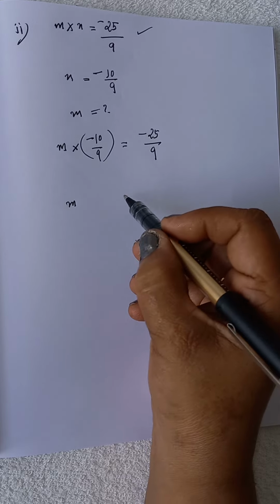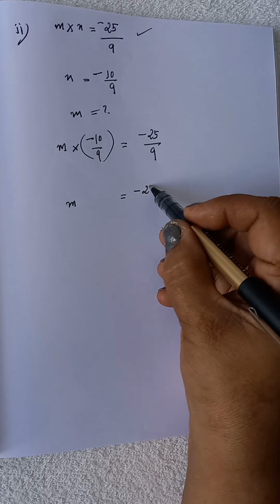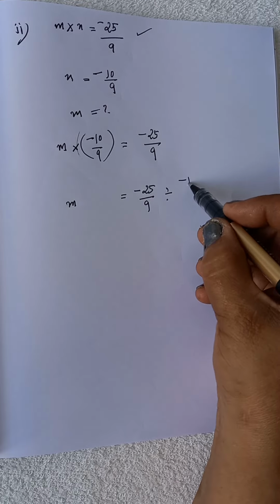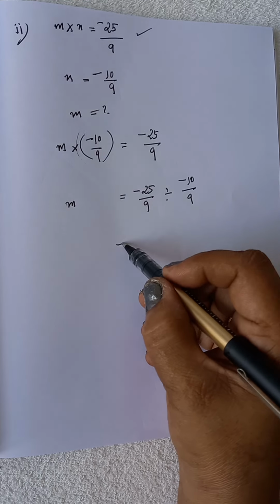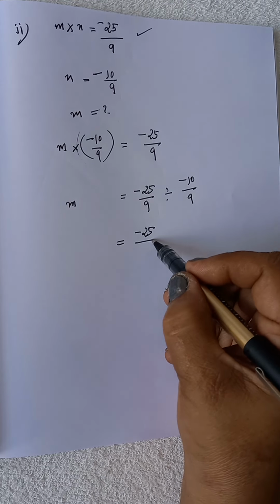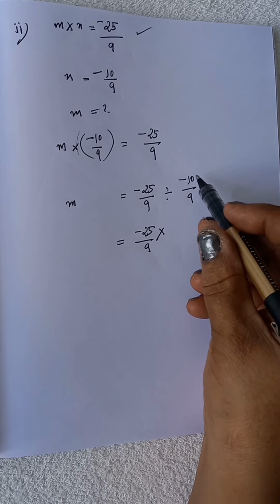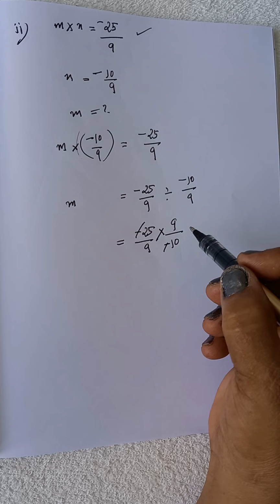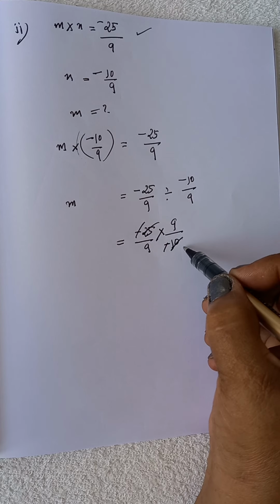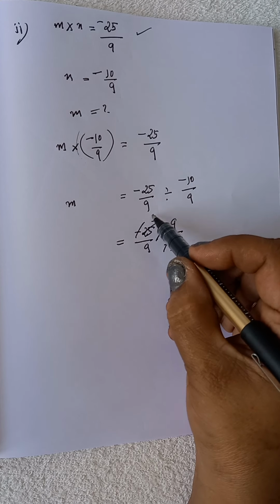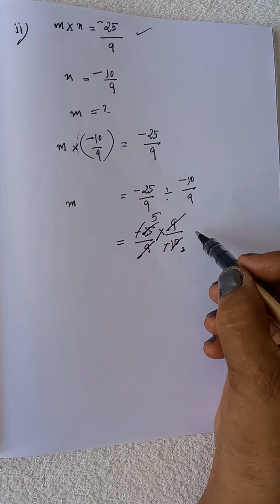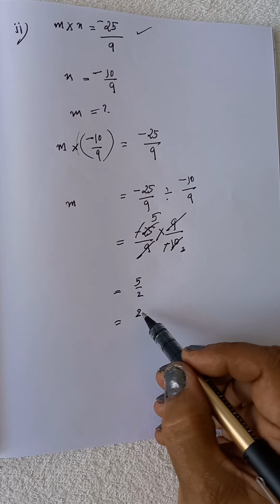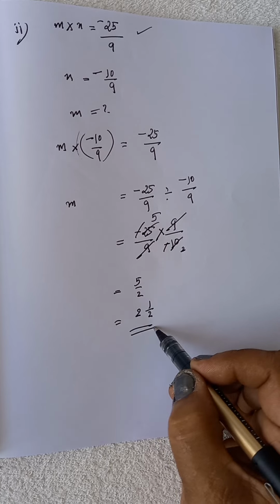So M is equal to what is on the right side, minus 25 by 9 divided by this minus 10 by 9. That is equal to minus 25 by 9 into its reciprocal, 9 by minus 10. Minus and minus cancel, 10 and 25 with the 5, 2 times, 5 times, 9 and 9 can be cancelled. So what is the answer? 5 by 2. That is 2 and 1 by 2.